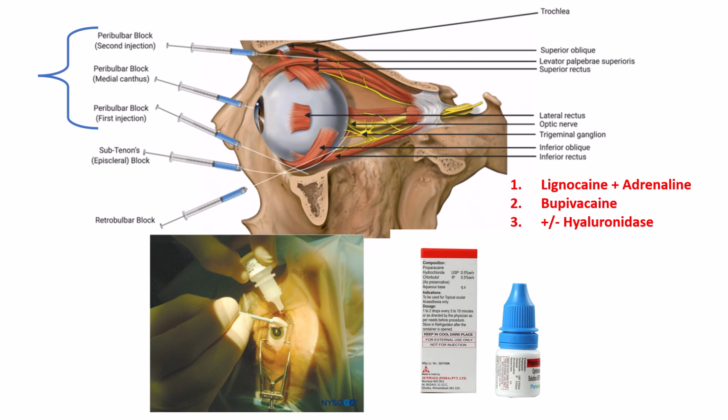So it provides analgesia and akinesia, right? Then there is the retrobulbar block, which is given inside the muscle cone and at a certain incline. It also provides analgesia and akinesia. And there is a subtenon block, which is given below the tenon's capsule. So these are the different types of blocks that are given to provide analgesia and akinesia.